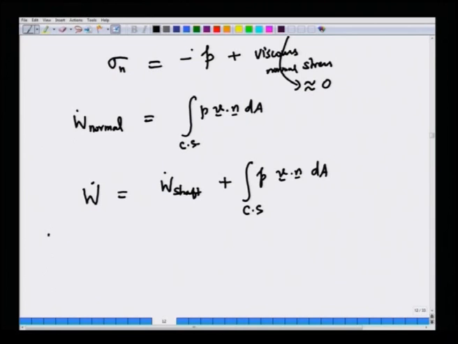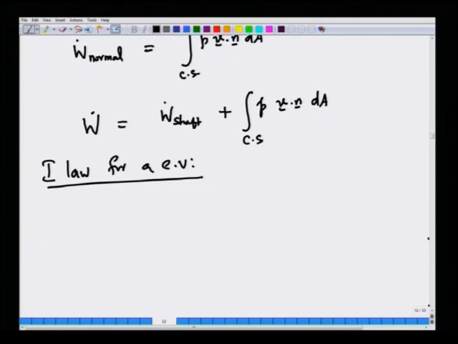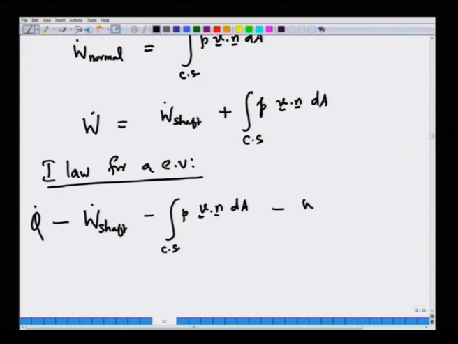So, the first law of thermodynamics for a control volume eventually becomes Q dot minus W dot shaft minus integral P V dot n dA over Cs, and minus W dot shear.